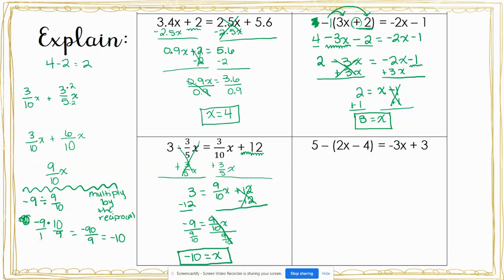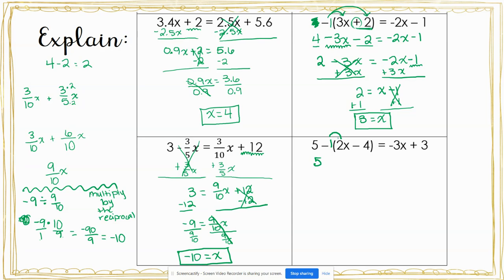My last problem says 5 minus 2x minus 4 equals -3x plus 3. We need to start this by distributing. So we see this minus sign, which means there's really an invisible -1 here. We're not doing anything with our 5 yet, so we're just going to rewrite that.